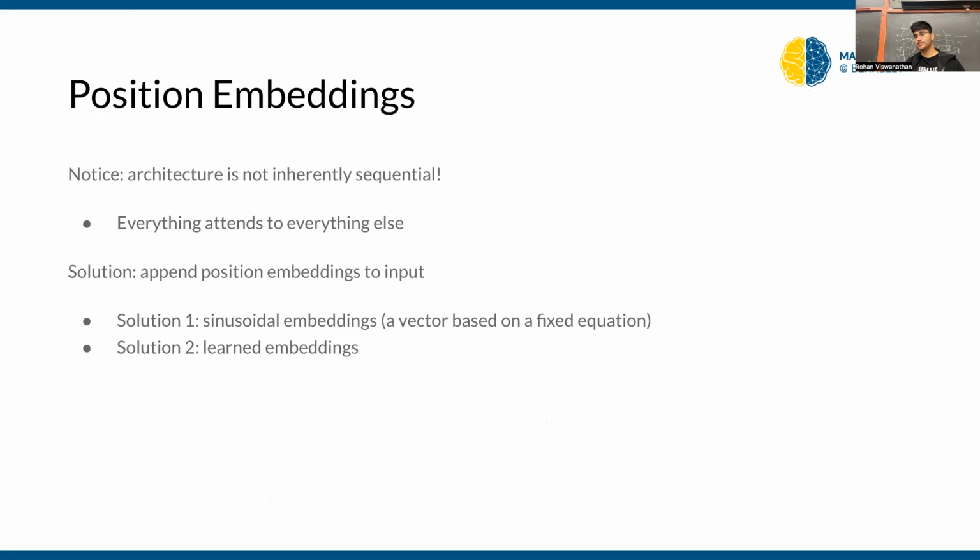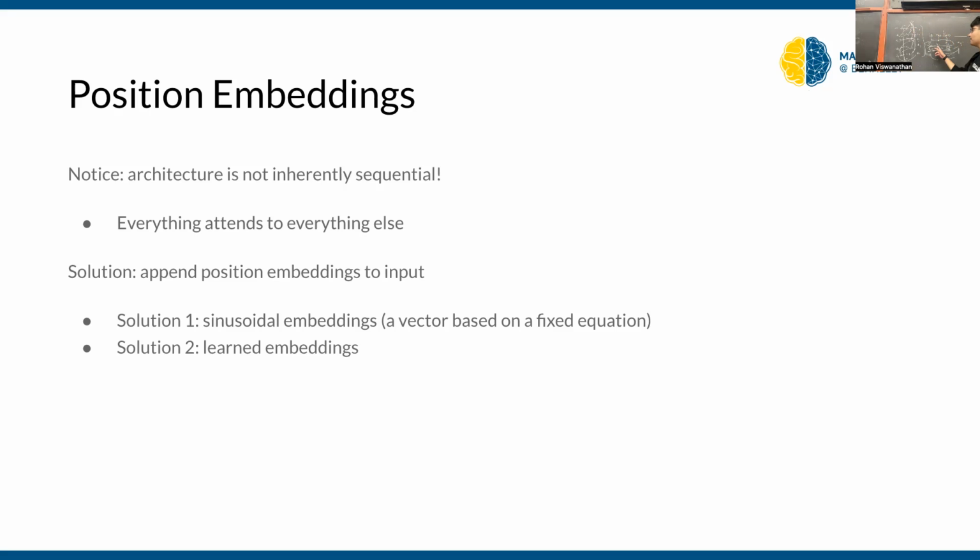So yeah, this ends the transformer architecture that's described in the paper. Now, I introduced this before, but position embeddings. Because the architecture is not inherently sequential, if we just pass in embeddings, you're doing this QKV process of calculating a representation very uninformed because you don't have any position information.